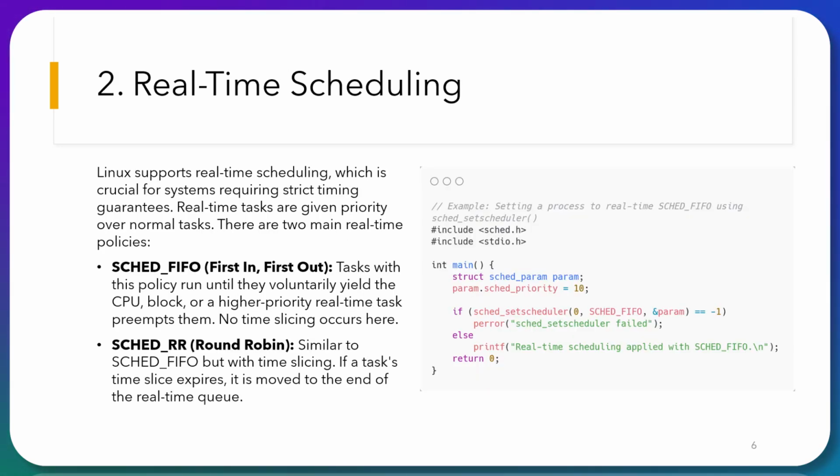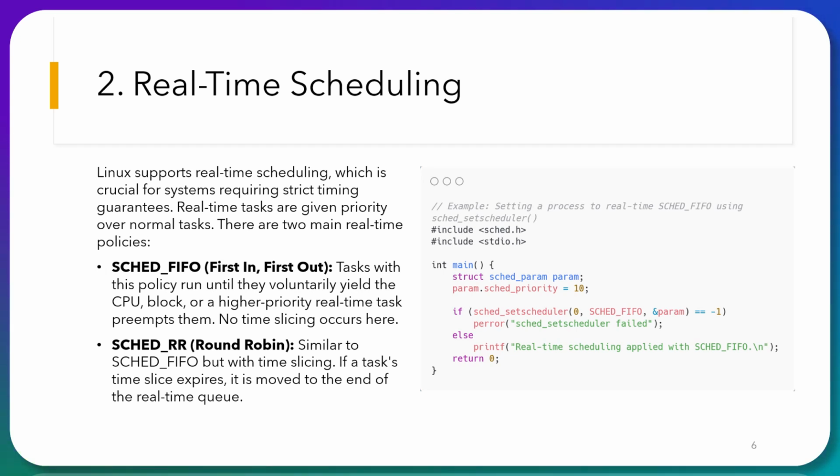There are real-time schedulers for time-sensitive tasks. For tasks that require predictable timing, like audio processing or robotics, Linux supports two real-time policies. SCHED_FIFO, first in, first out. Tasks run until they block or get preempted by a higher priority real-time task.